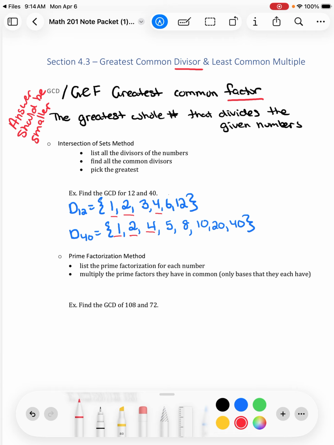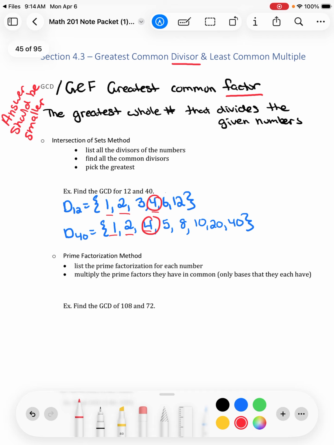So those are all the common divisors. I want the greatest of all of those. So the greatest is 4. So we could say the GCD of 12 and 40, sometimes it's written like this, is equal to 4. And that is the intersection of sets method.